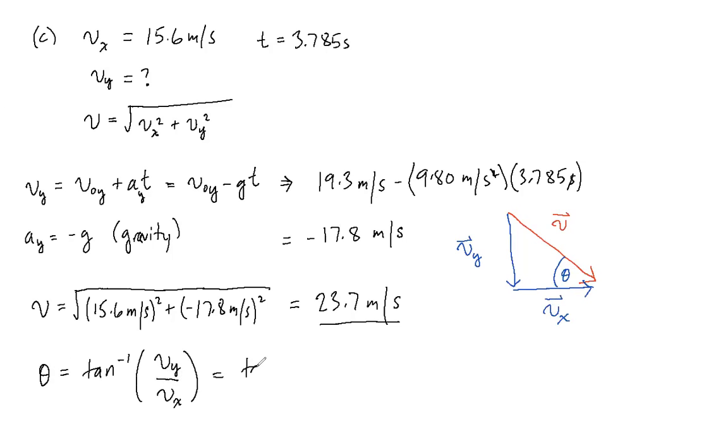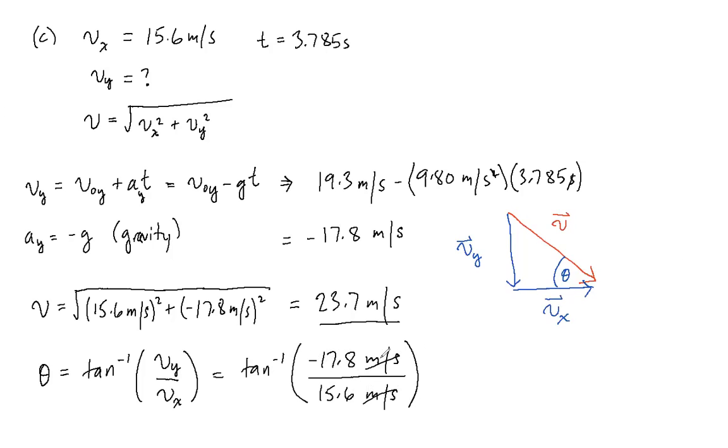And so this is the inverse tangent of negative 17.8 meters per second divided by 15.6 meters per second. And so these units cancel, that's good. You don't want to have units inside of your argument that you pass to a trig function, right? If you've got units in there, then something strange is happening and you should double check your math.